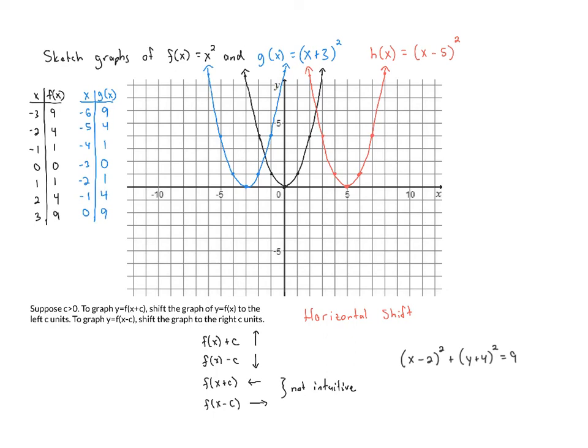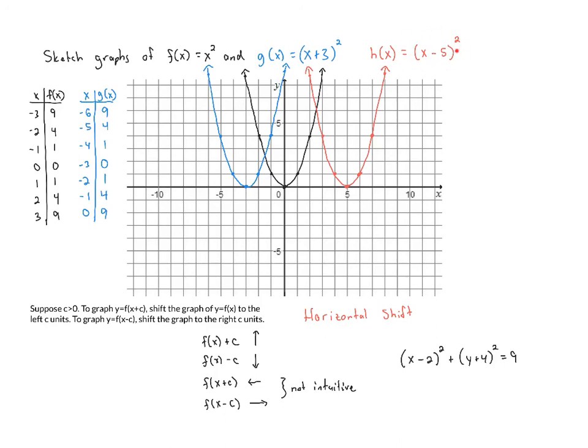Remember, in this situation, when we had x minus 2, this meant that the center of the circle had an x-coordinate of positive 2, which is to the right of 0 on the x-axis. It's a similar thing that's actually going on with our problems right here.